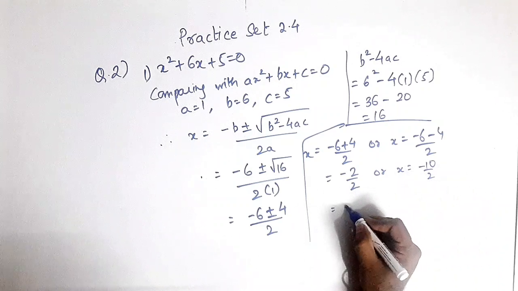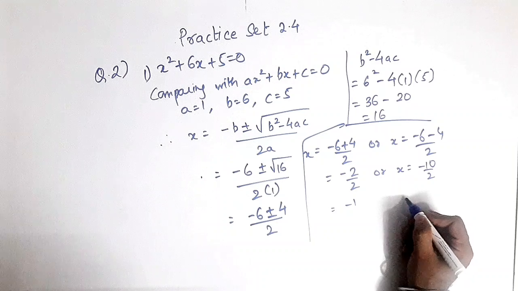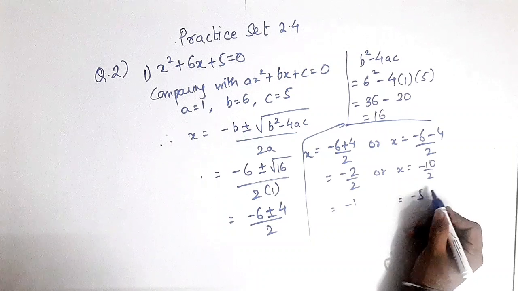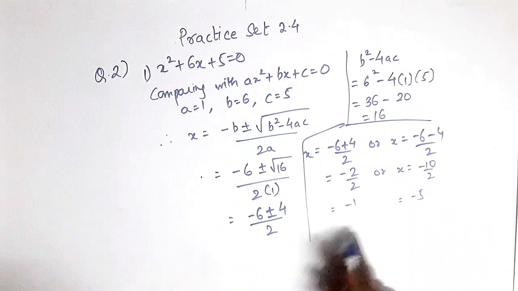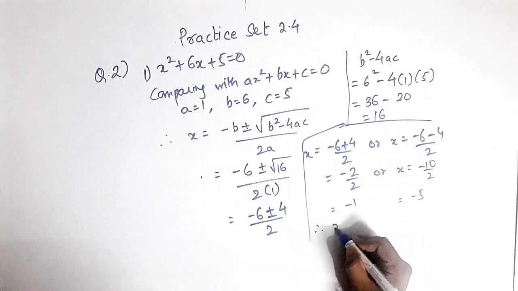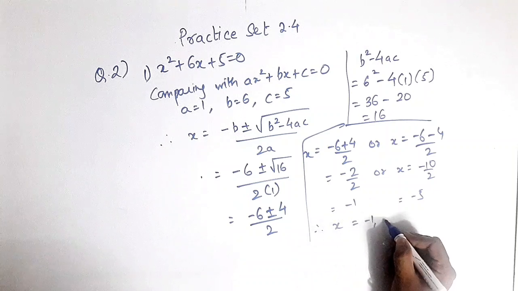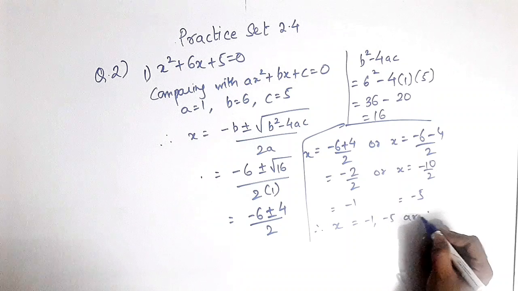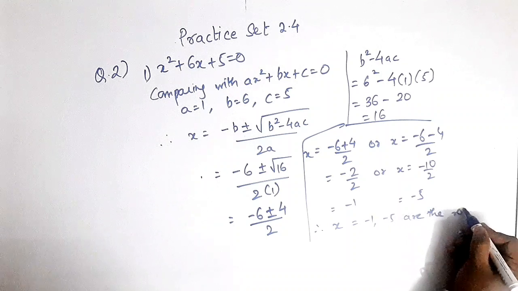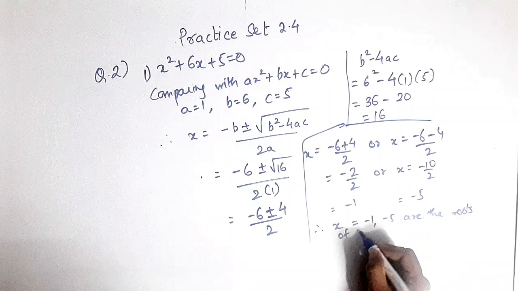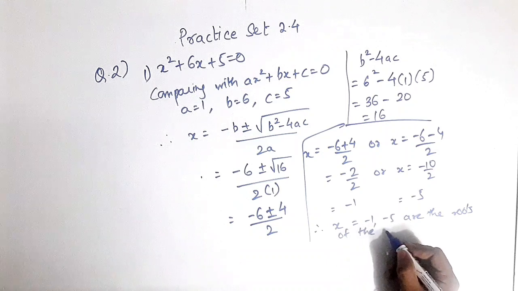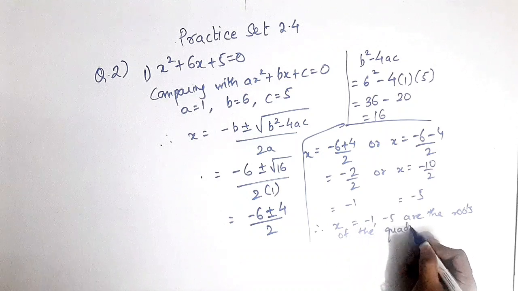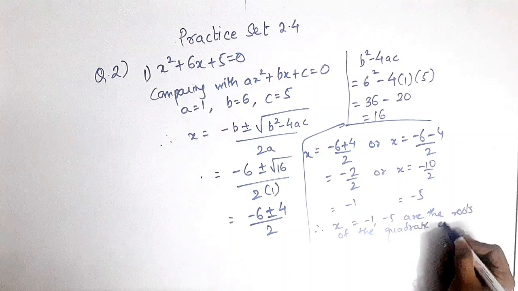This is minus 1 and this is minus 5. So therefore x is equal to minus 1 comma minus 5 are the roots of the quadratic equation.